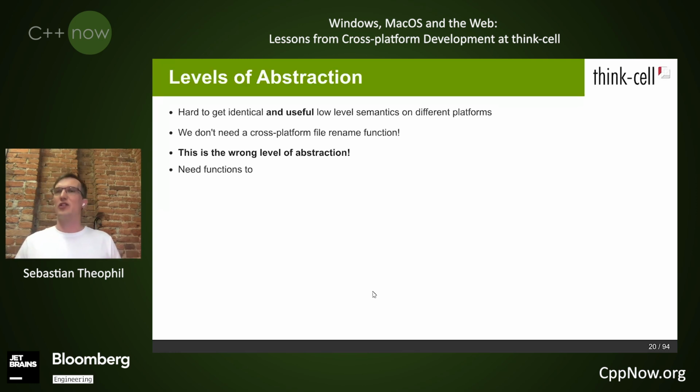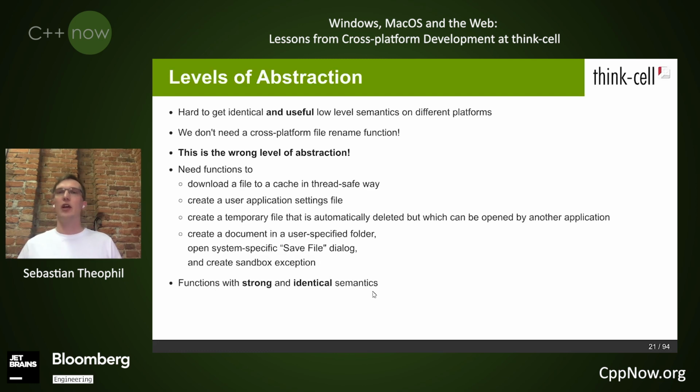Because I think we don't actually need a cross-platform file rename function. And we started writing cross-platform interfaces on a different semantical level. We need other functions. We need functions, for example, to download a file to a cache in a thread-safe way. So no two processes that access the cache will ever override the same cache file or read a partially written cache file. We might need a function to create a user-specific application settings file.